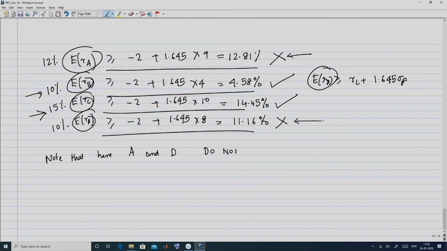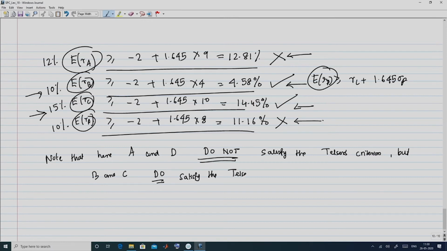So, accordingly, we state that A and D do not satisfy the Telser's criteria, but B and C do satisfy the Telser's criteria.